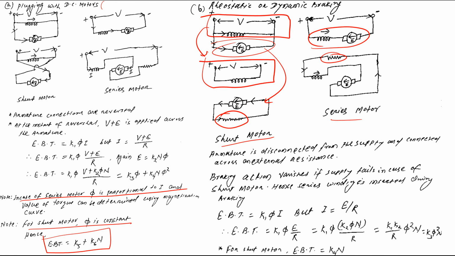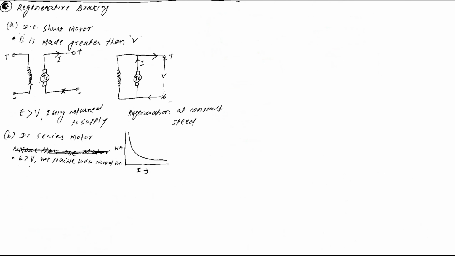Supply is gone, so now V is gone. What is regenerative braking? We simply convert the motor to a generator.